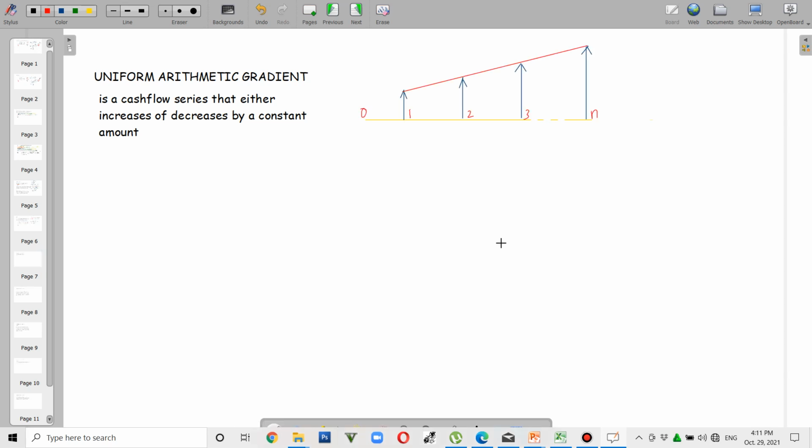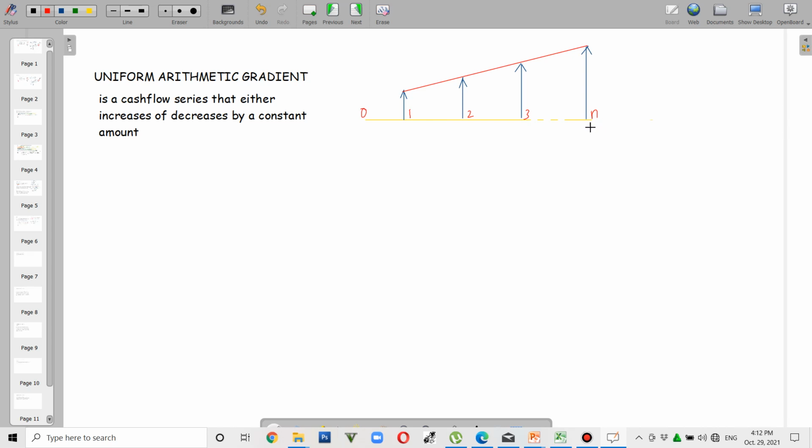Say we have this cash flow wherein the initial payment should increase or decrease linearly. When we say linearly, uniform ang pag-increase niya or uniform din ang pag-decrease niya, until the nth period.